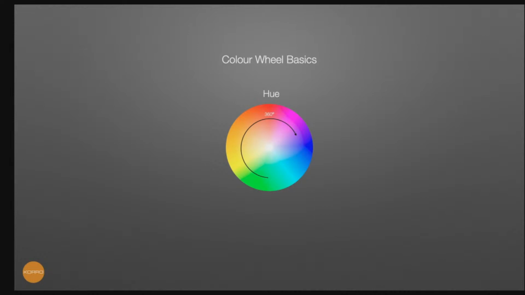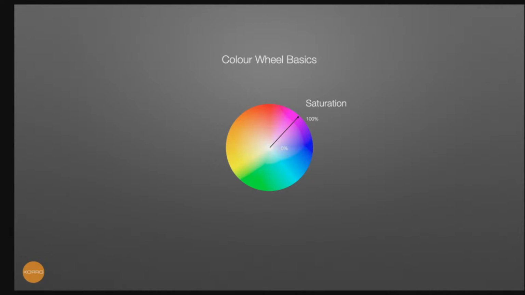But hue is something that we measure in angles on a color wheel in 360 degrees, whereas any given hue's intensity or saturation is measured from the middle and out. So 0% saturation in the middle would be where we would find black, white, and grey. And then the outer edge of the color wheel would represent 100% intensity of a given hue.